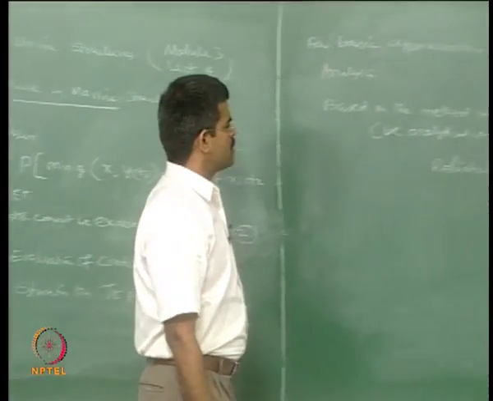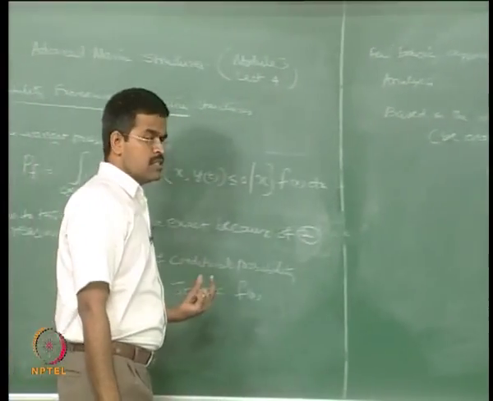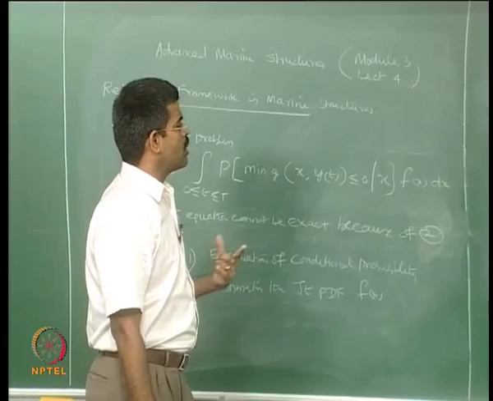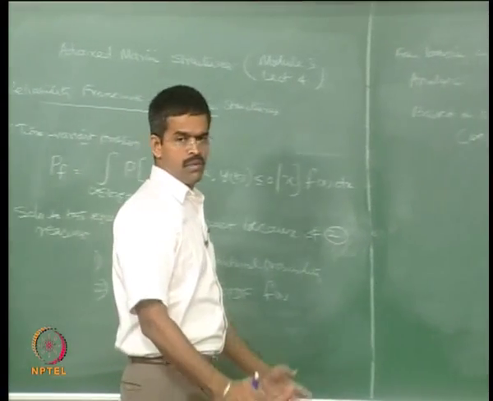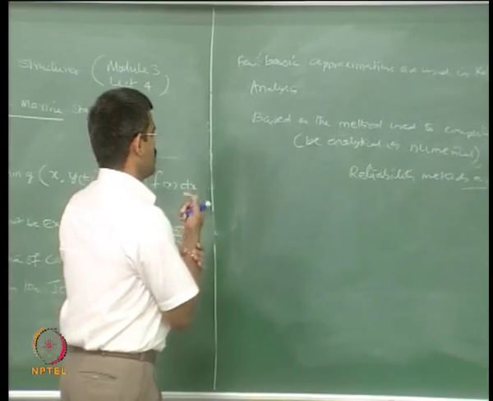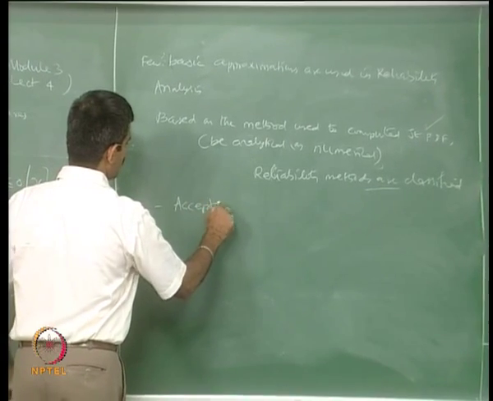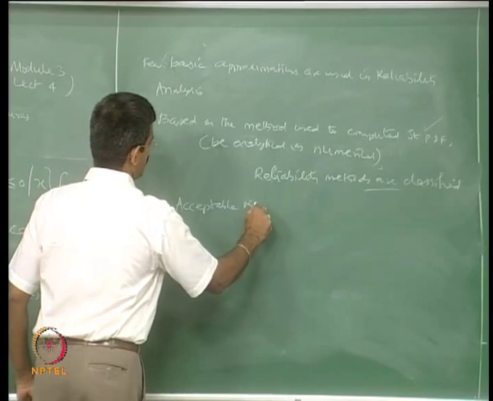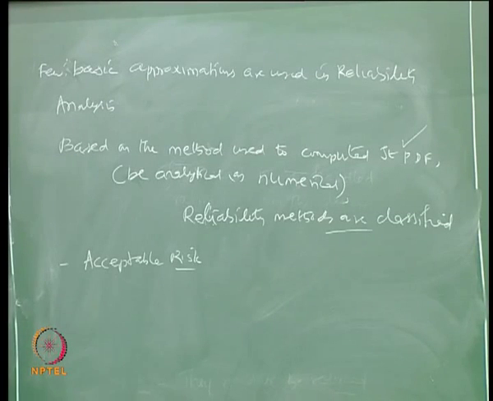Before we look into the methods in detail, there are many functions available to estimate the joint probability density function for random variables. Many methods are available in the literature. Before we look into them in detail, let us see what we understand by something called acceptable risk. We already said that risk and reliability are associated.